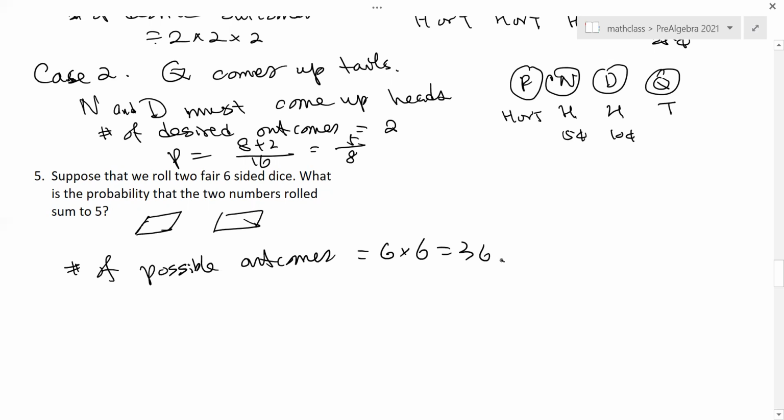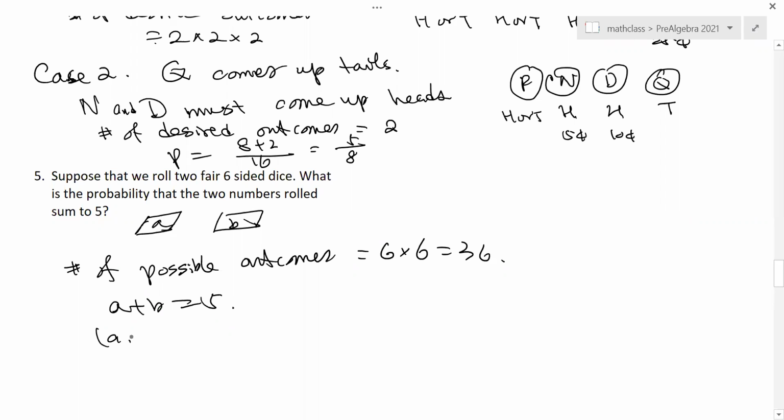That's clear. Now you want to get the sum equal to 5. So two numbers. Now you count A plus B equals 5. In order to get A plus B equals 5, you begin with 1, right?